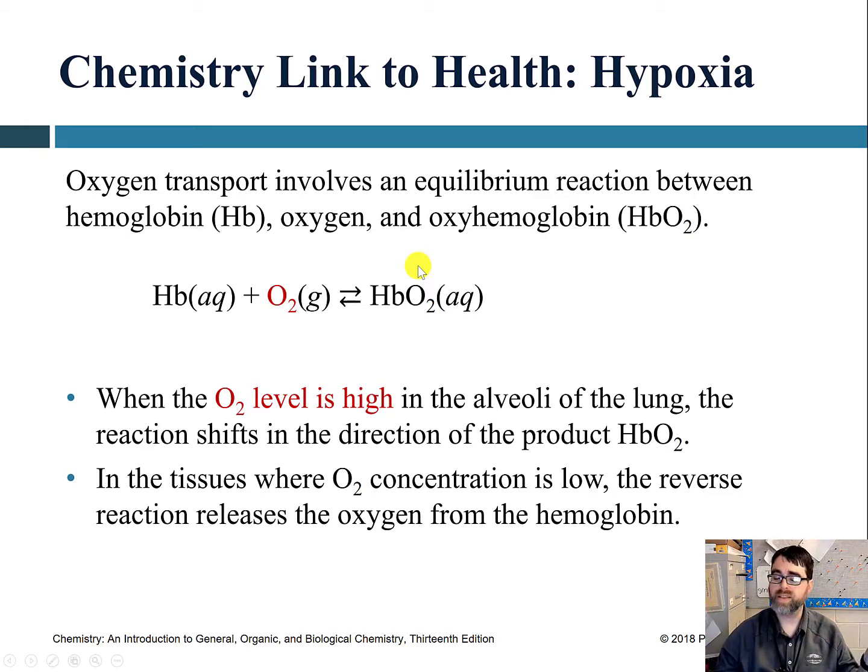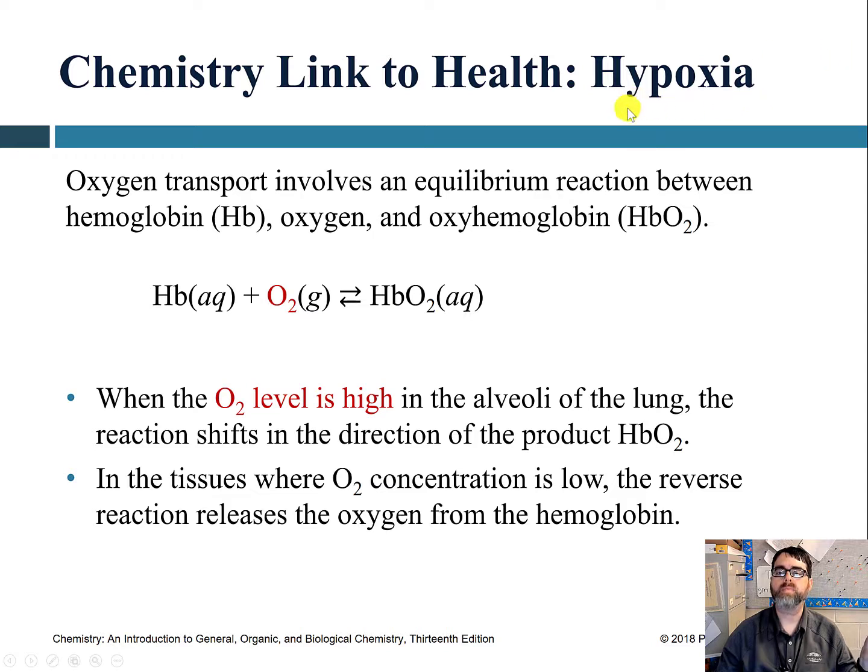The initial slide that I just skipped over showed mountain climbers. When you get up there, the amount of oxygen gas that's available is less, and so the reversible reaction shifts to the other side, and your body does not have as much oxygen, aqueous here, bonded to the hemoglobin to transport to the cells.